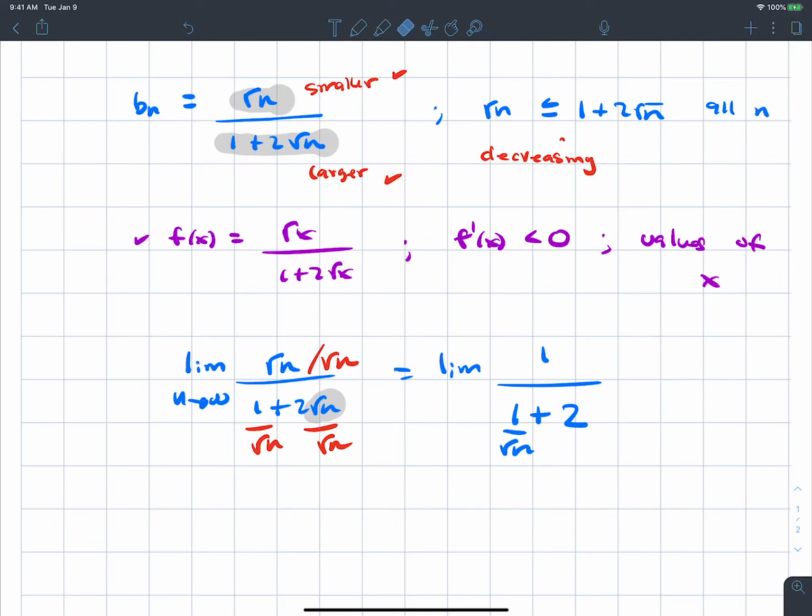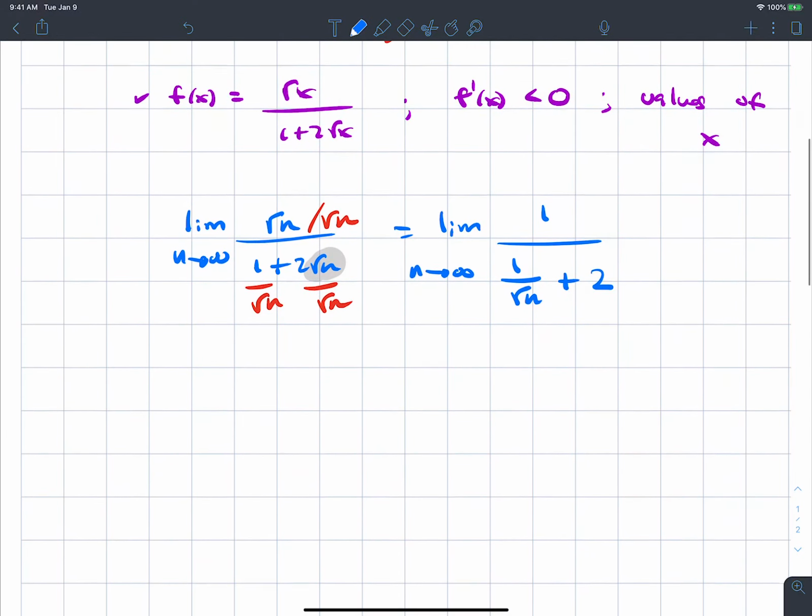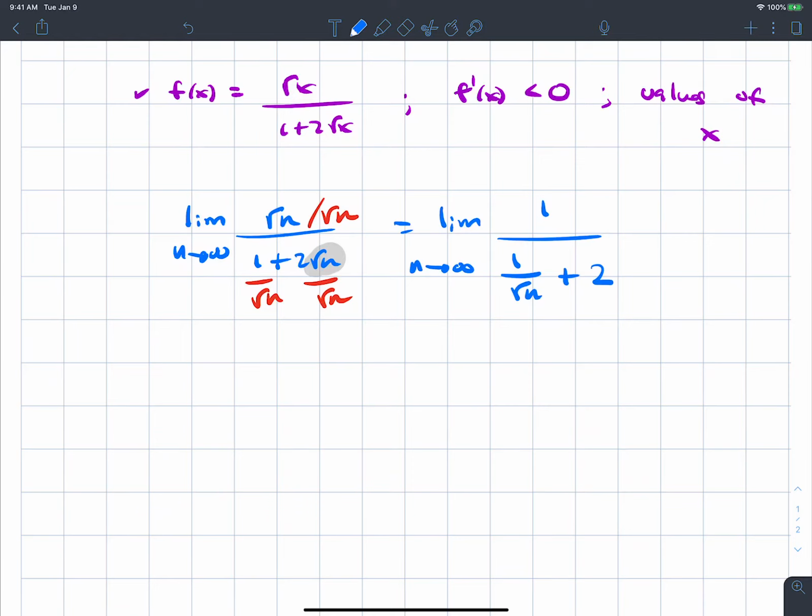So let's be careful. And okay, so let's see where this limit goes, and it looks like this portion here is going to go to 0. So we end up with this limit being 1 over 0 plus 2, or we can say this is 1/2. And this is not equal to 0.